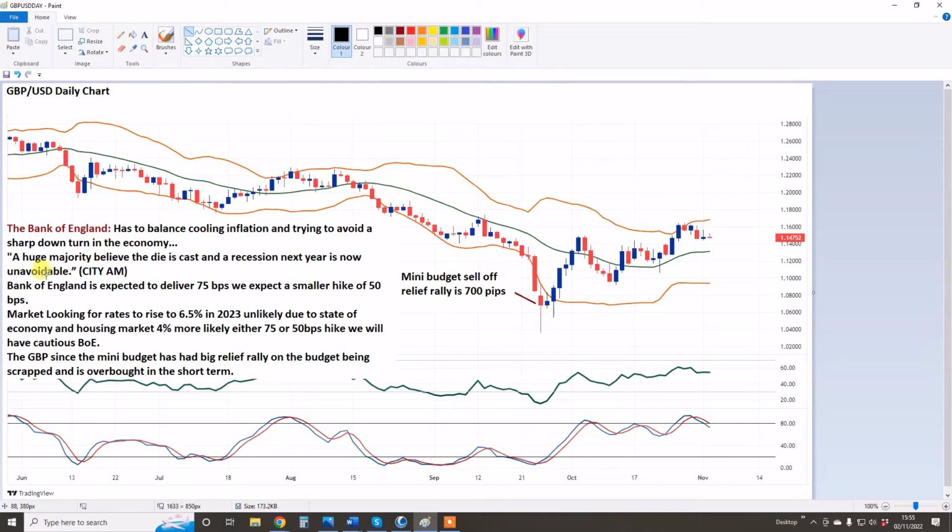They're expected to deliver 75 basis points at this meeting, that's in the price. We think a smaller hike of 50 basis points could be the outcome, which would be better for our view, of course. But regardless of a 75 or 50 basis point hike, they're going to be cautious. I think they really want to take a wait and see attitude to inflation.